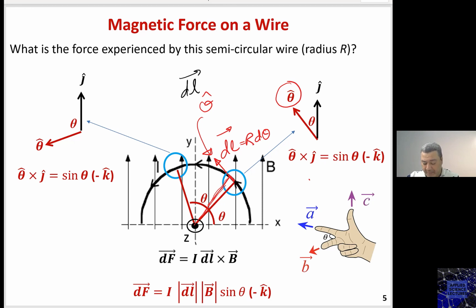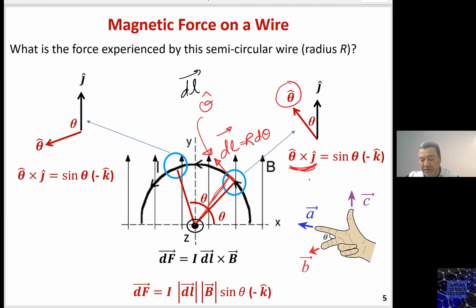When this radial sweeps from theta equals 0 to 180 degrees, theta is changing as well, which means the cross product between theta hat and j hat is also changing, which is basically the magnitude of the first one times the magnitude of the second one times the sine of the angle in between, and the direction would be perpendicular to the plane that has theta hat and j hat.